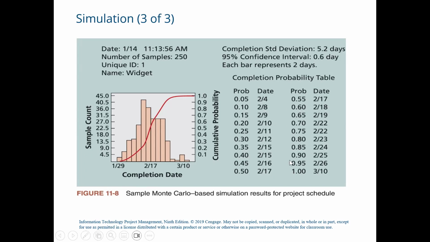Further, we can see the different probabilities for different dates. And here you can see there is a 90% chance of completion of the project by February 25. So this is how we can do the simulation.